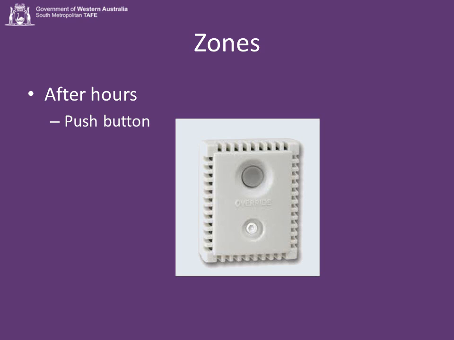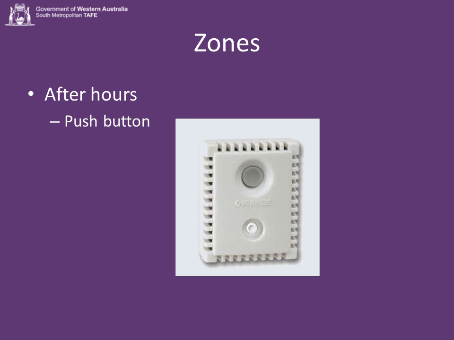One way we quite often do this is by having what's called an after-hour push button. You basically push the button and it turns your air conditioning and your lights on for an hour, say. And then typically we'll flash the lights to let you know that it's just about to switch off, and you go and push the button again. Some of them work so that you push the button on and then you push the button as you leave.